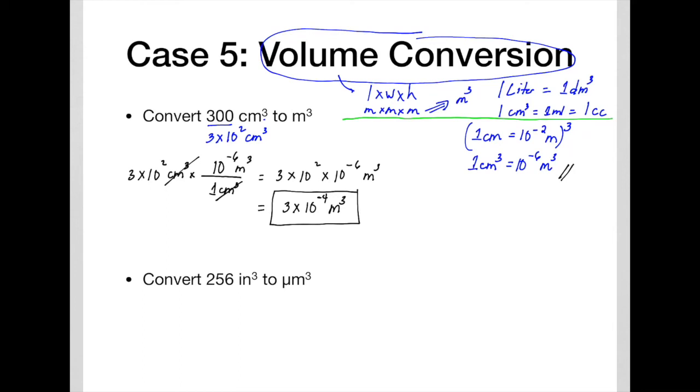Next, we have to convert this 256 inches cube to micrometer cube. So, what do we need to do? Simply write the conversion factor.